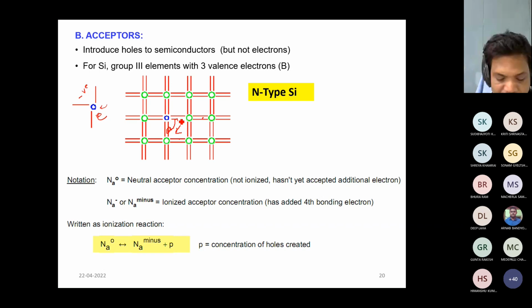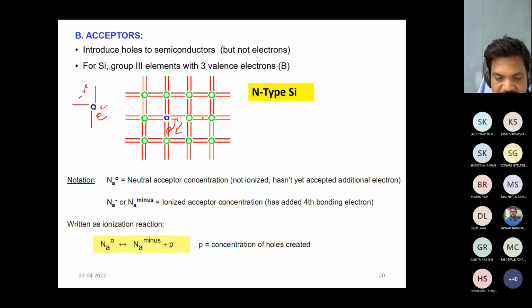Okay, so accordingly, whenever it accepts an electron, one covalent bond, look at this here, it has a tendency, so it is always providing a hole. So depending on the number of dopings, you are increasing the number of holes. Okay.